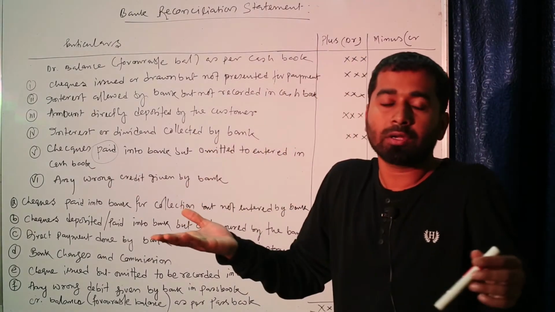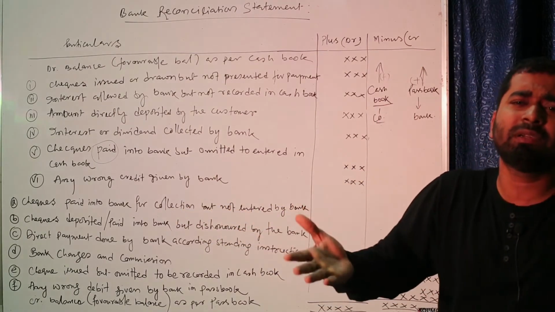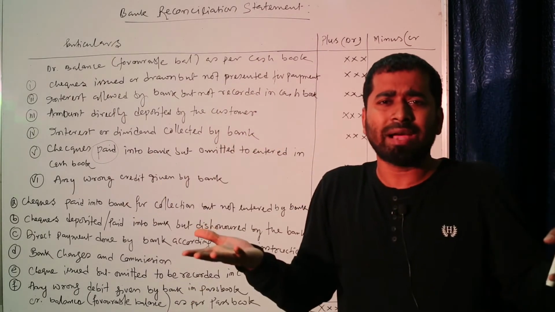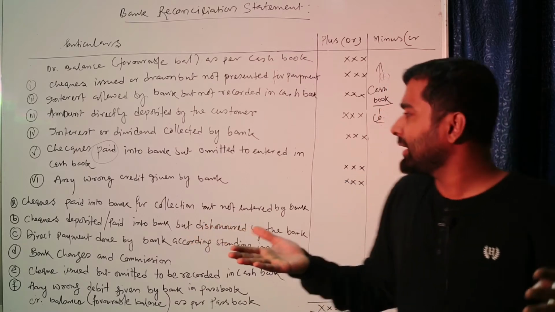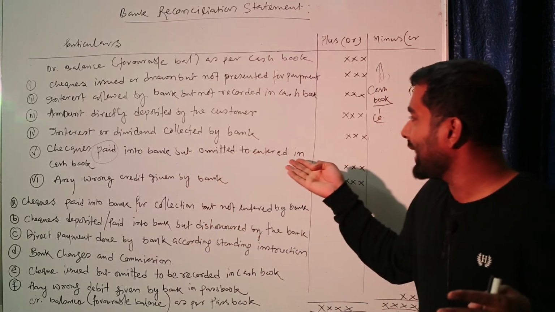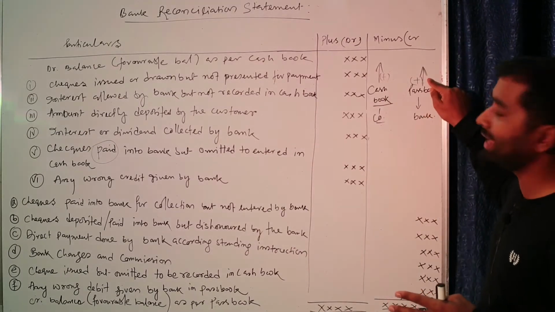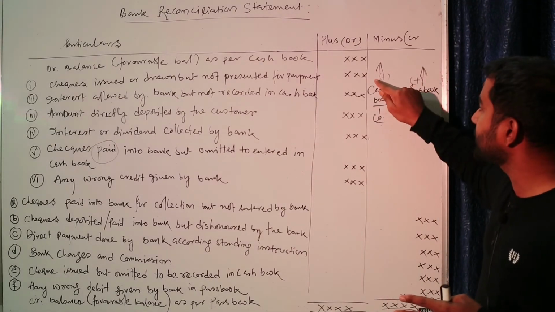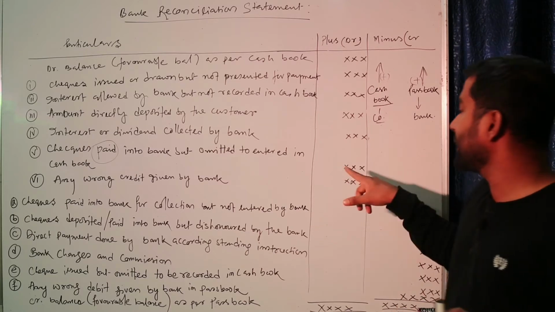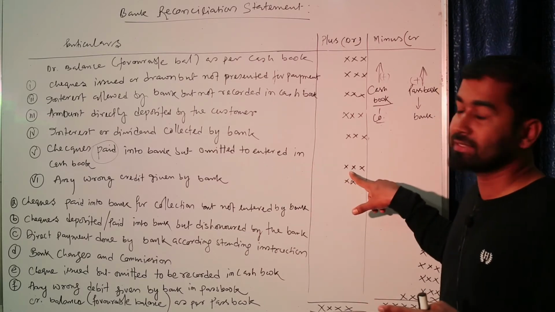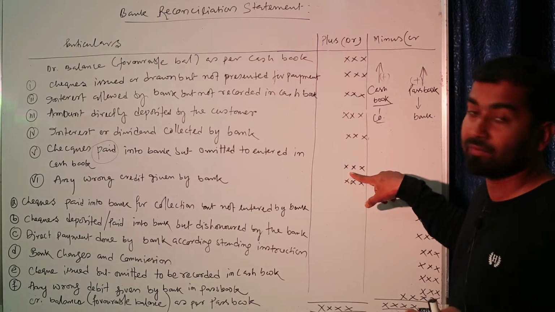You forgot, or you might have omitted it for a different reason. It is possible that sometimes you did not enter that amount into the cash book. Now what is your duty? The passbook has already added it, so your duty is to add it to your cash book also. So I have written it on the added side, that is the debit side.